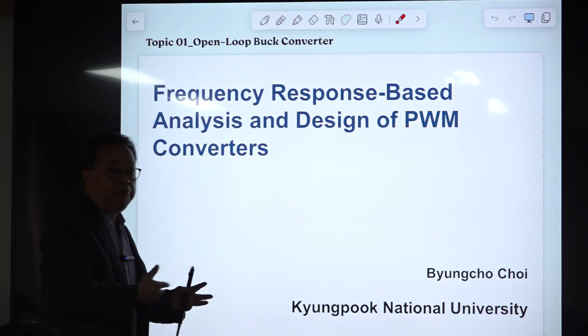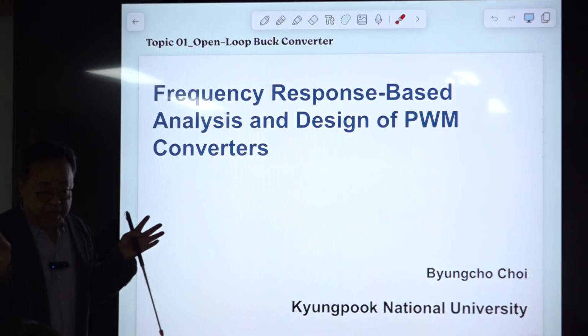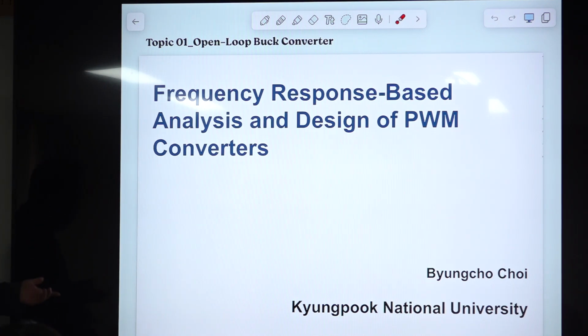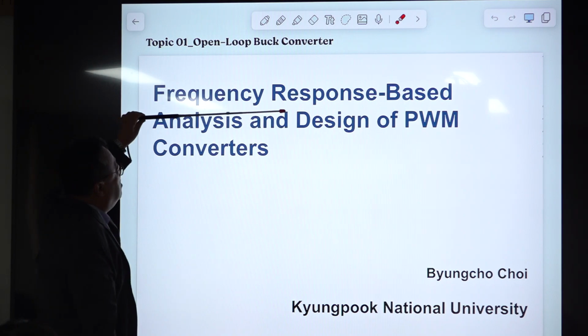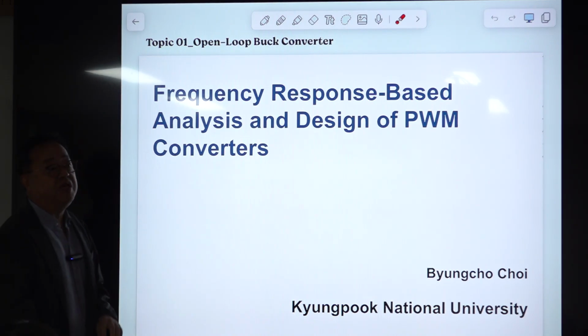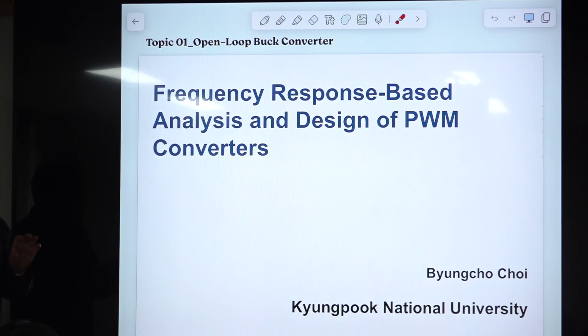So there should be some bridge filling the gap in between. That is the purpose of this lecture: how to use these well-established frequency response techniques for linear time invariant systems and apply them to PWM power converters, which are non-linear and time varying systems.